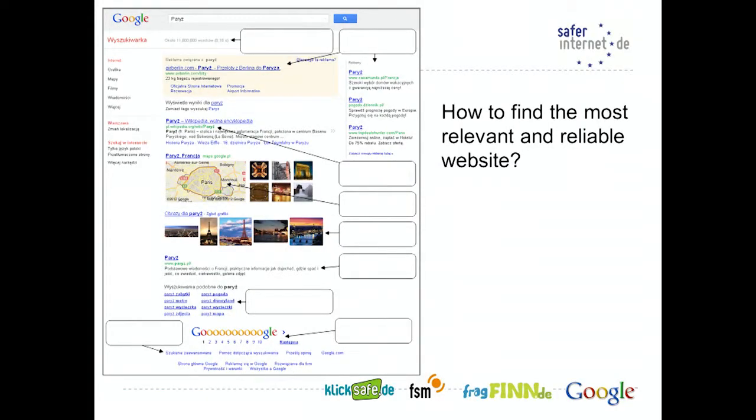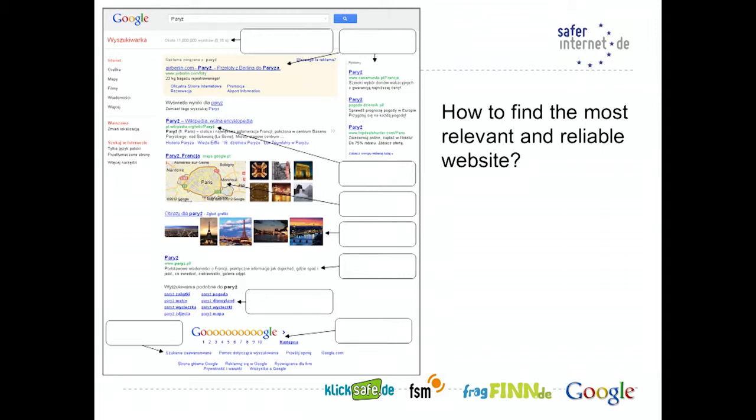And you see there are quite a lot of different elements. I don't know whether it would be easy for you to fill in these empty spaces here. Because there are very, very different elements. You have headlines, you have so-called snippets, which are small texts taken from the website. There are advertisements, there are texts from Google, and texts from the website.